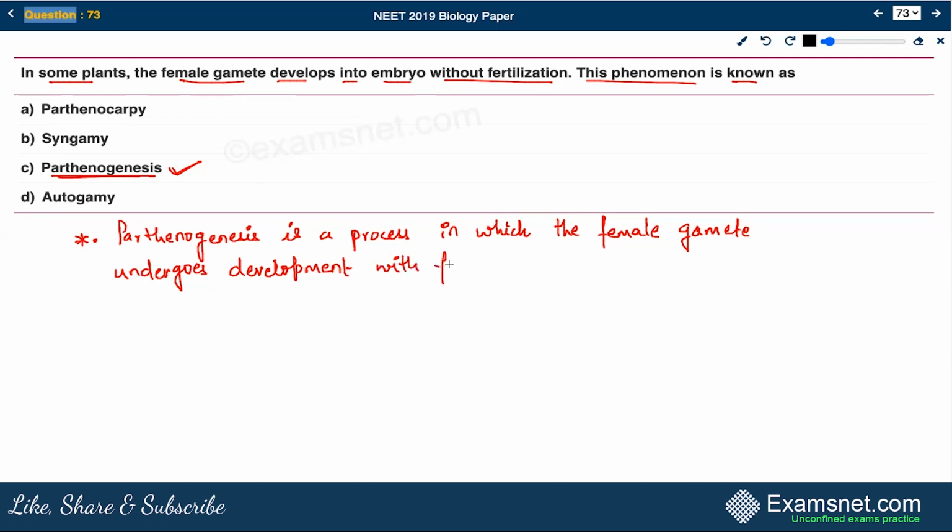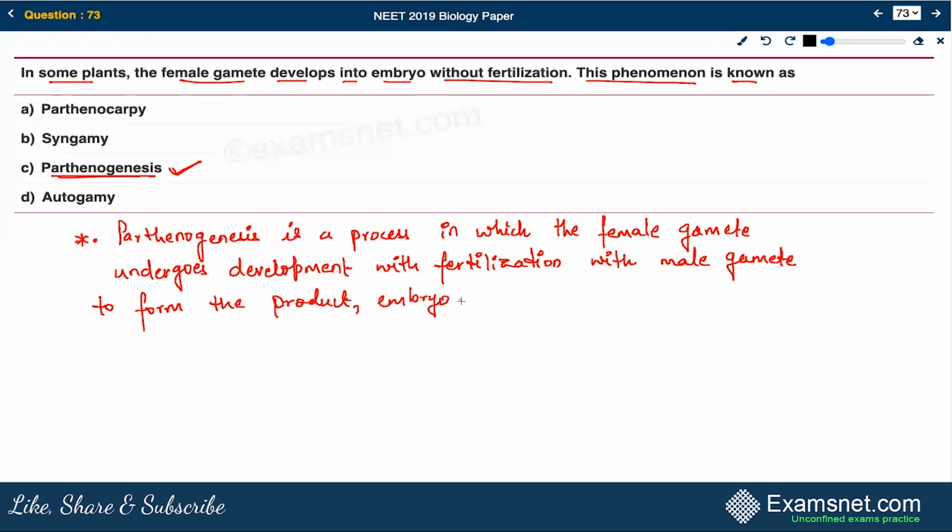It undergoes development without fertilization with the male gamete to form the product, embryo.